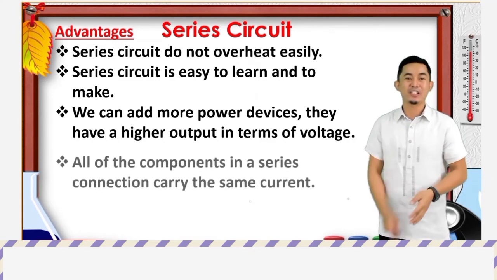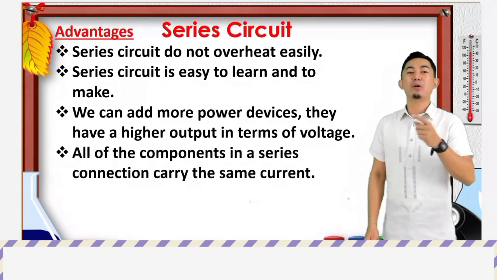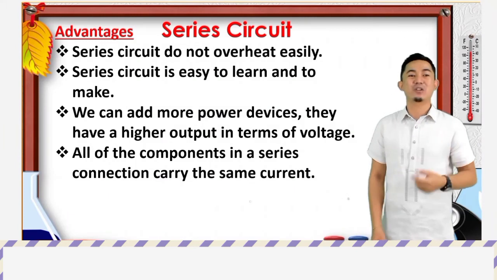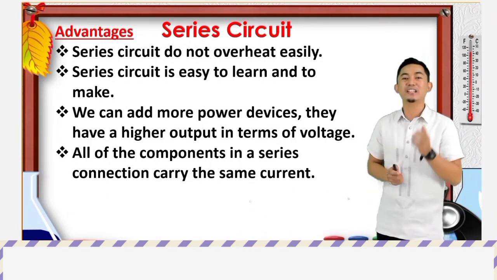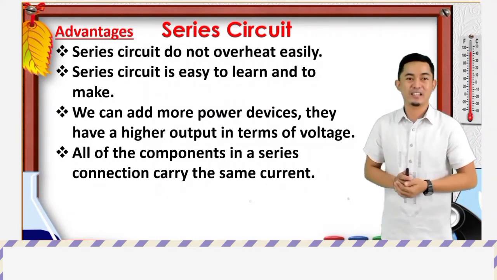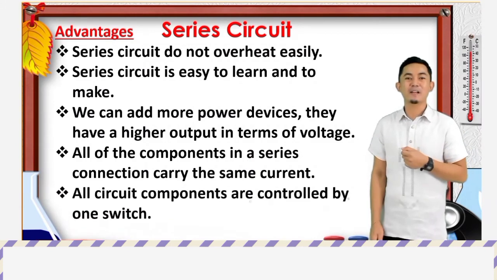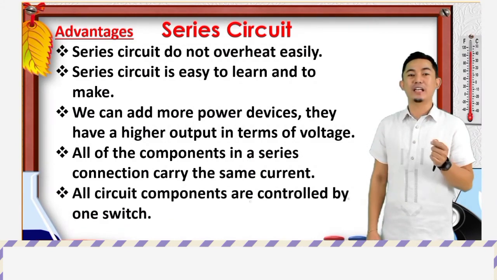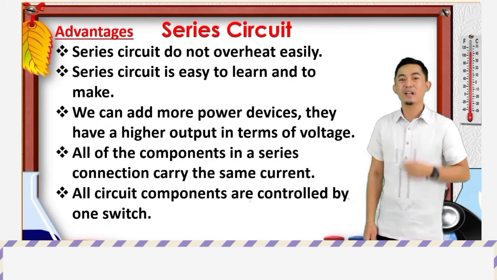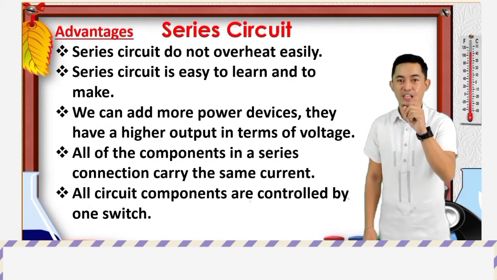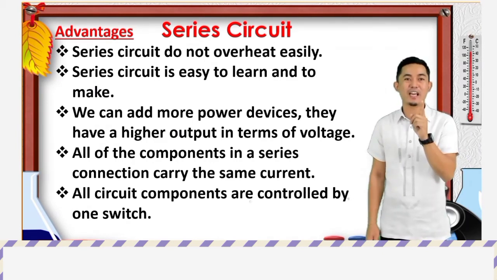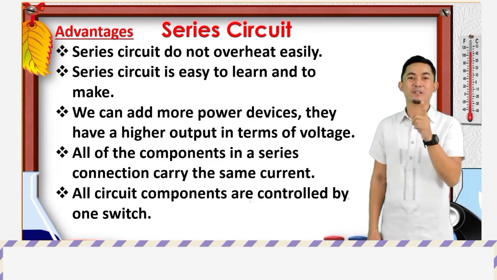Another thing, all of the components in a series connection carry the same current. And lastly, all circuit components are controlled by one switch. It has only one switch, class, in a series circuit.